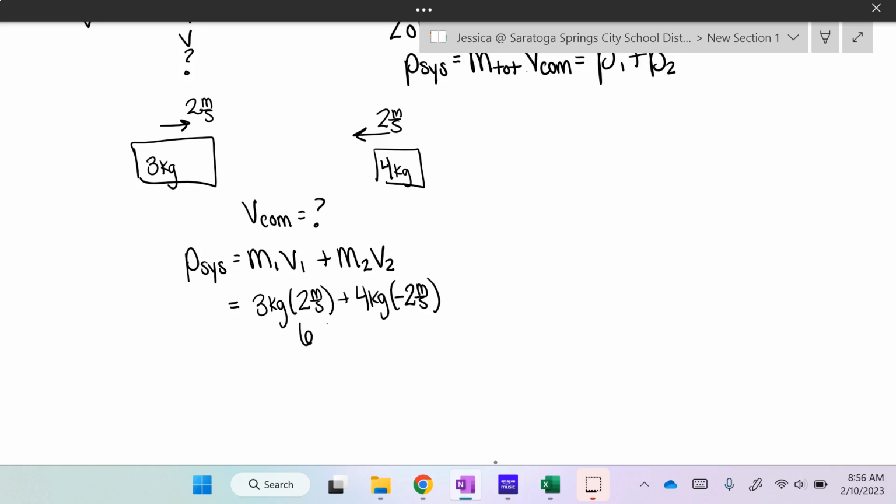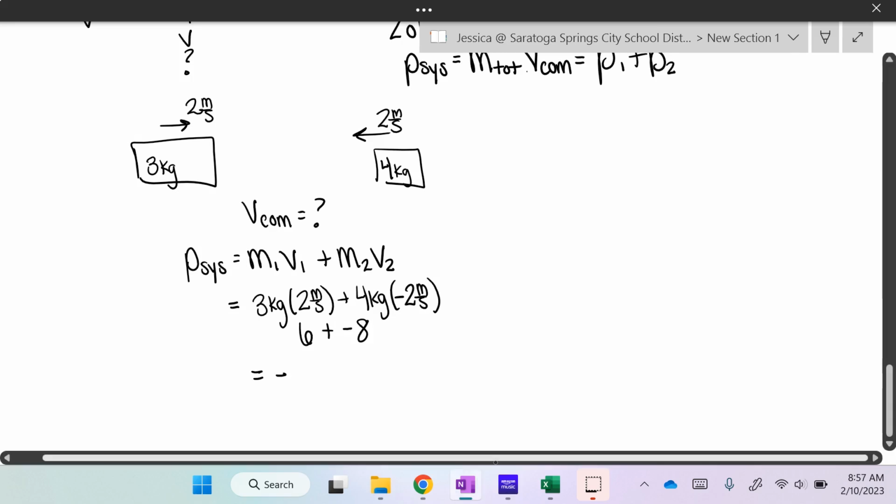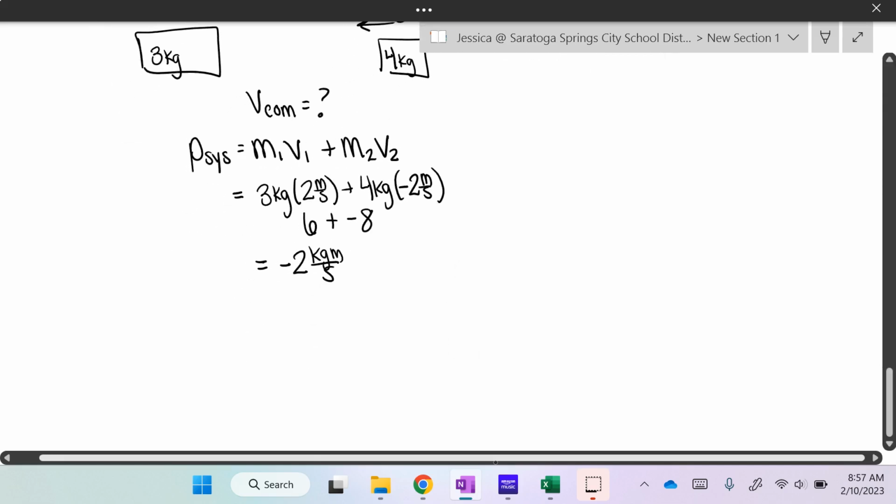So this gives me 6 plus negative 8. And so that gives me negative 2. Remember, the units are kilogram meters per second. So once I have that momentum of the system, I can set that equal to my total mass times the velocity of my center of mass.